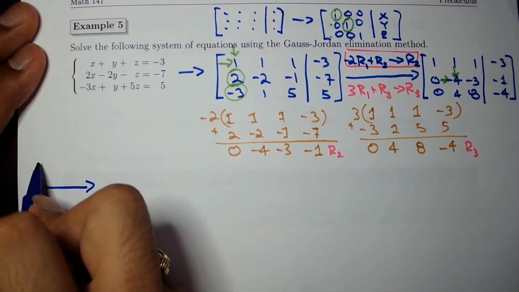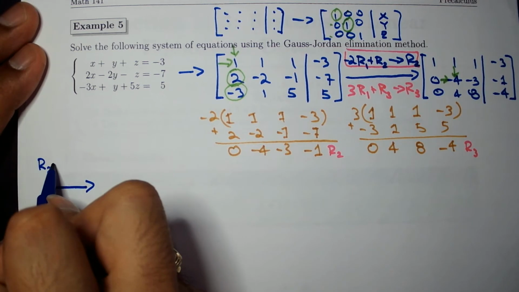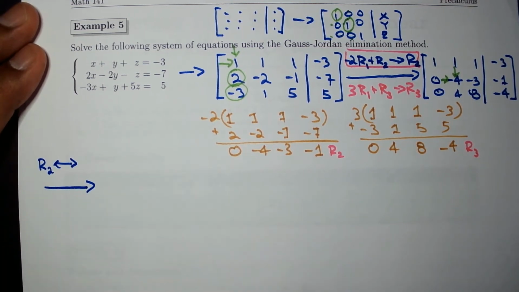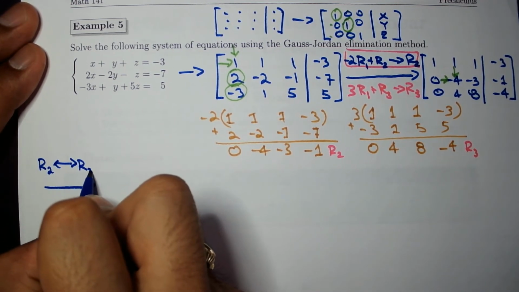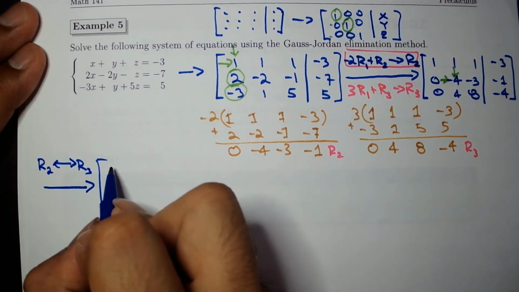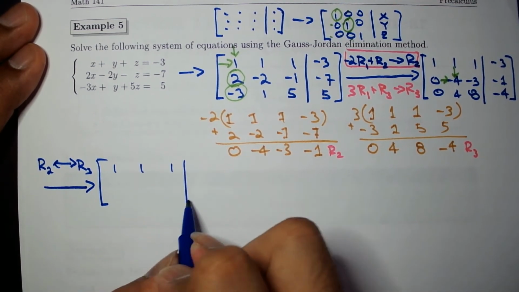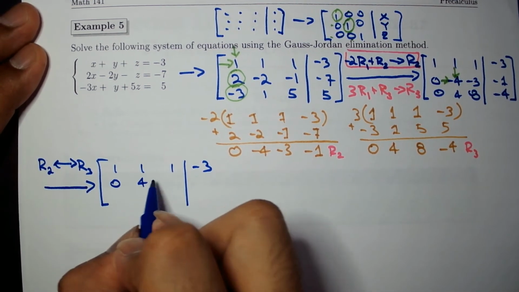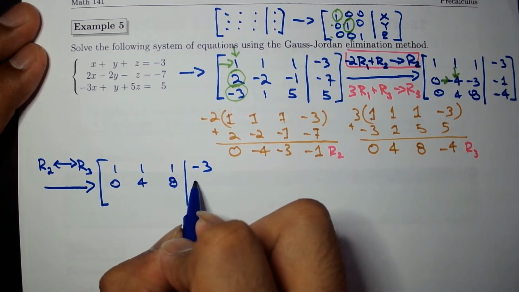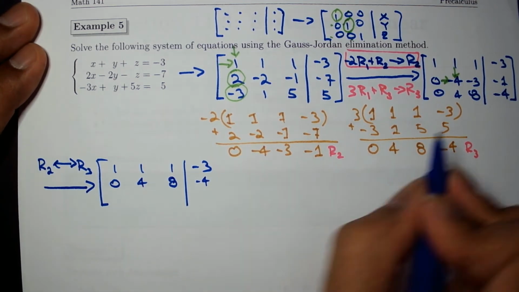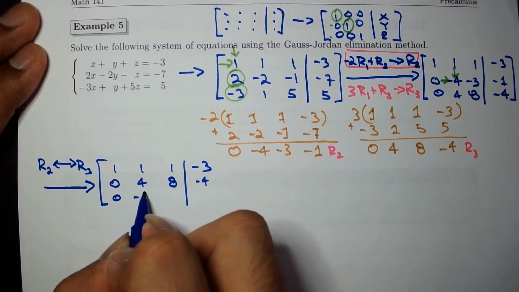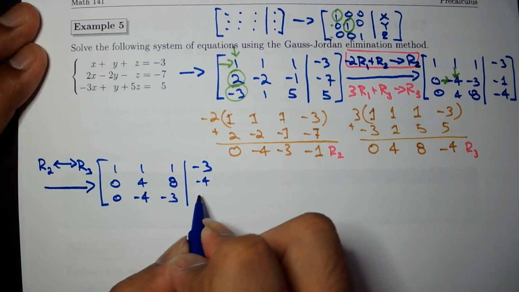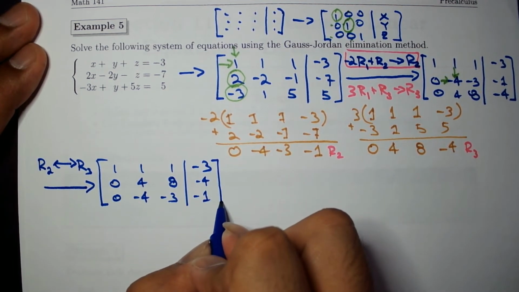And this is what we do. Row 2 is getting interchanged with row 3. So the first row remains the same, and then we just interchange these two rows.